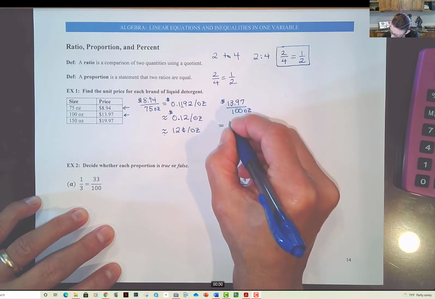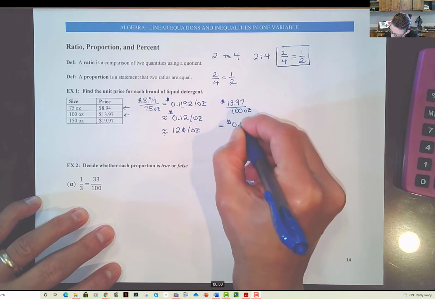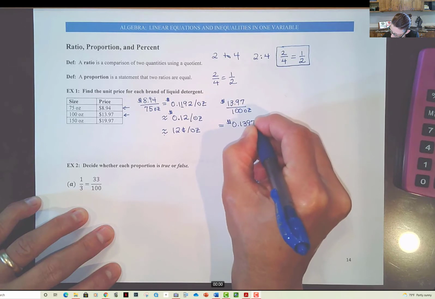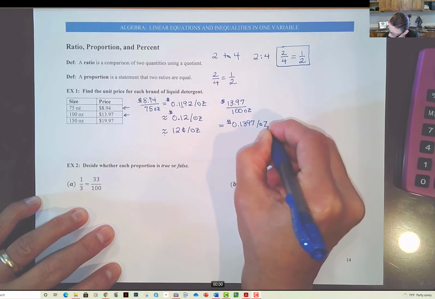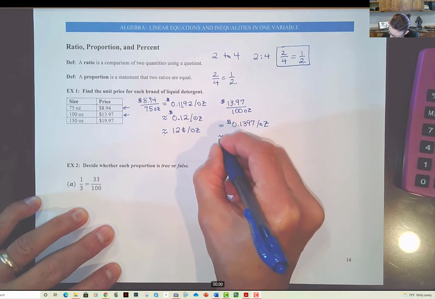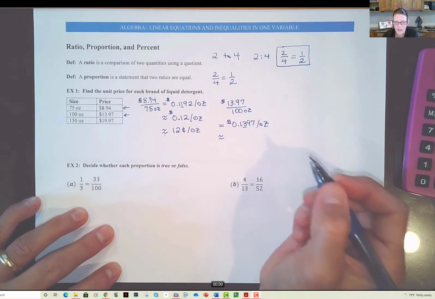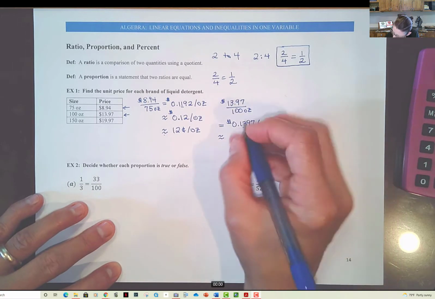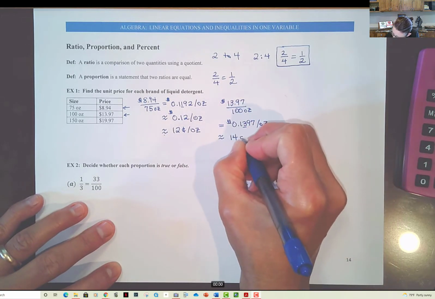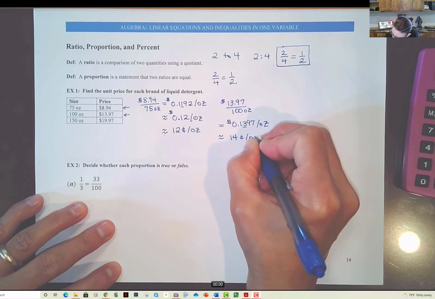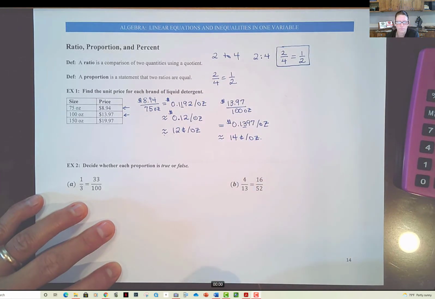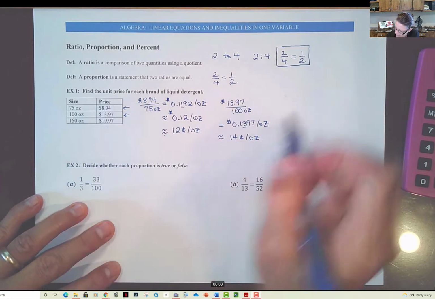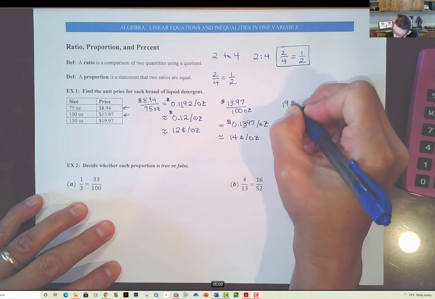So that is equal to $0.1397 per ounce. And if we round that to the nearest cent, 0.14, or right about 14 cents per ounce.